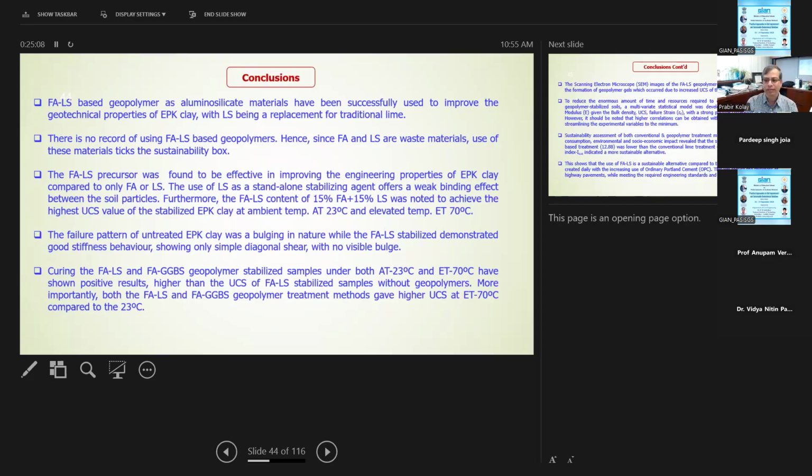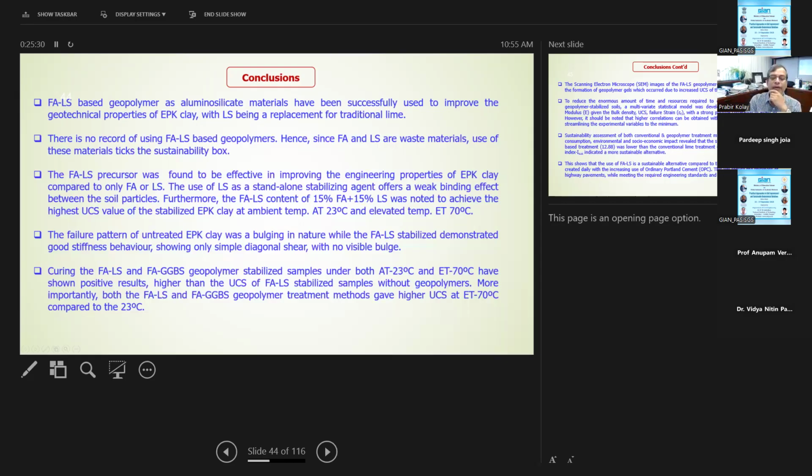And then the conclusion from the study is basically that lime, fly ash, and lime sludge geopolymer have had more successful use in improving the geotechnical properties. There is no record of using fly ash-based geopolymers, so people have not done this earlier. The failure pattern of untreated soil is bulky in nature, but when you use these stabilizers, the behavior is more stiff.